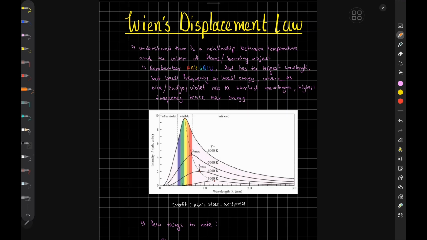Till now we have covered a few things. For example, using standard candles, we find unknown luminosity and distances they are at, right?